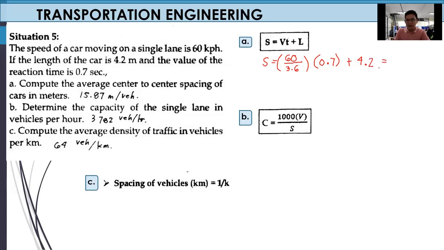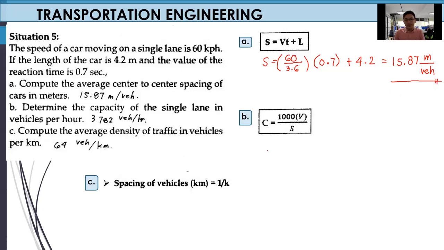So therefore, the answer would be equivalent to 60 divided by 3.6 times 0.7, then plus 4.2. That is equivalent to 15.87 meters per vehicle. Ayan. So there you have it, our answer for letter A.